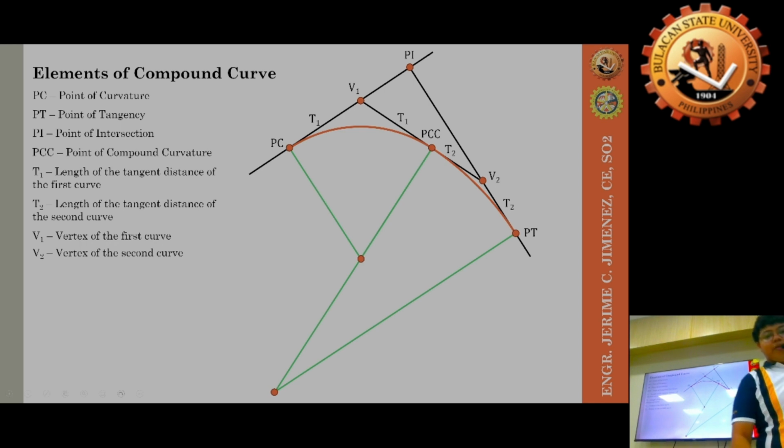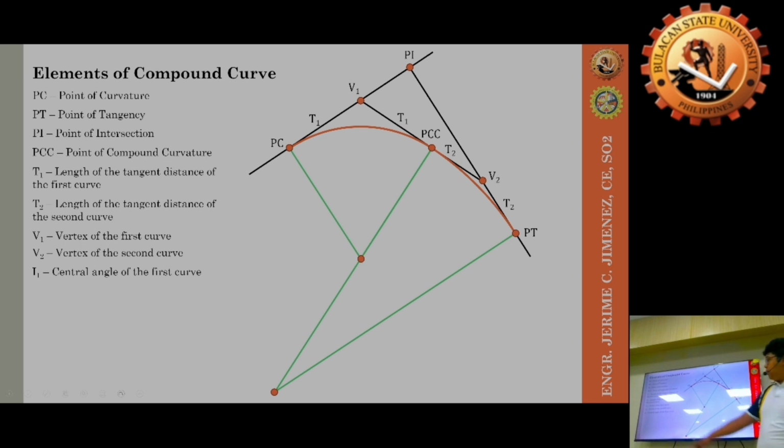Okay. So, meron na tayong T. Meron na tayong vertex. Next natin is the central angle. Okay? Dalawa ang central angle natin since nag-introduce tayo ng dalawang curve or dalawang simple curve. So, una, we have the I sub 1. So, this is the central angle of the first curve. Saan siya located? Sabi ko, di ba, nung nakaraan ng simple curve, kung nasaan si vertex, nandun yung central angle.